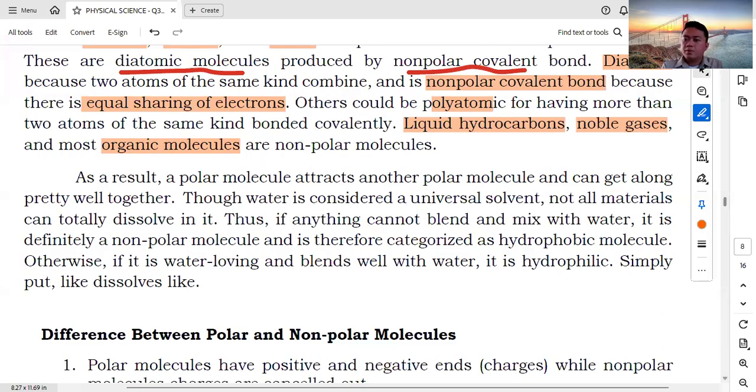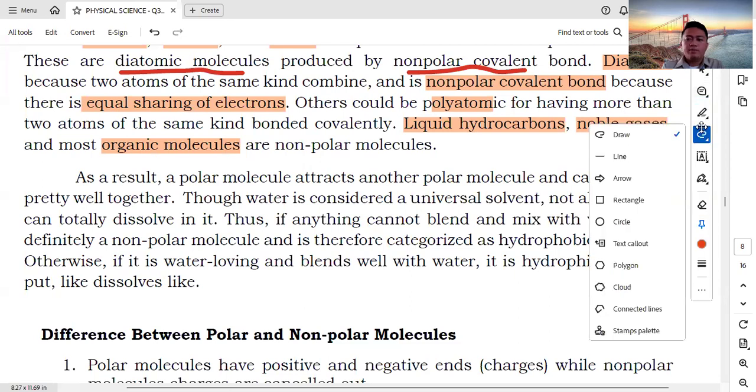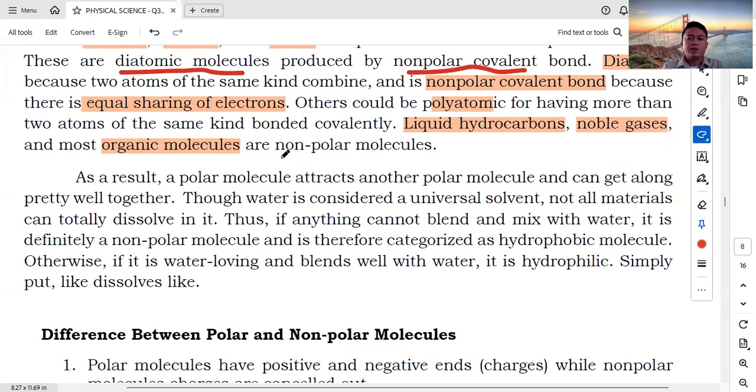So let's proceed. Again, liquid hydrocarbons, noble gases, and most organic molecules are nonpolar molecules. As a result, polar molecules attract another polar molecule and can get along pretty well together.